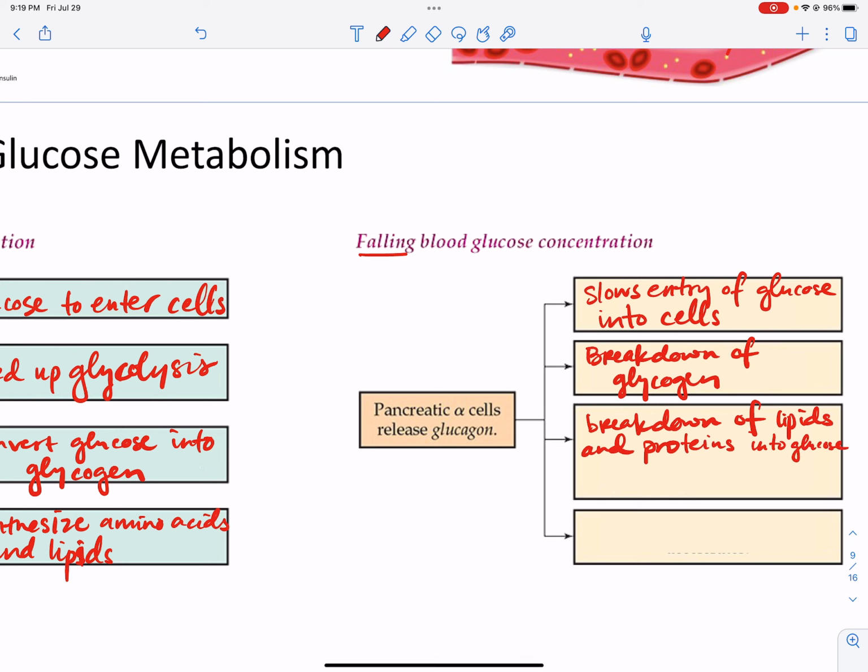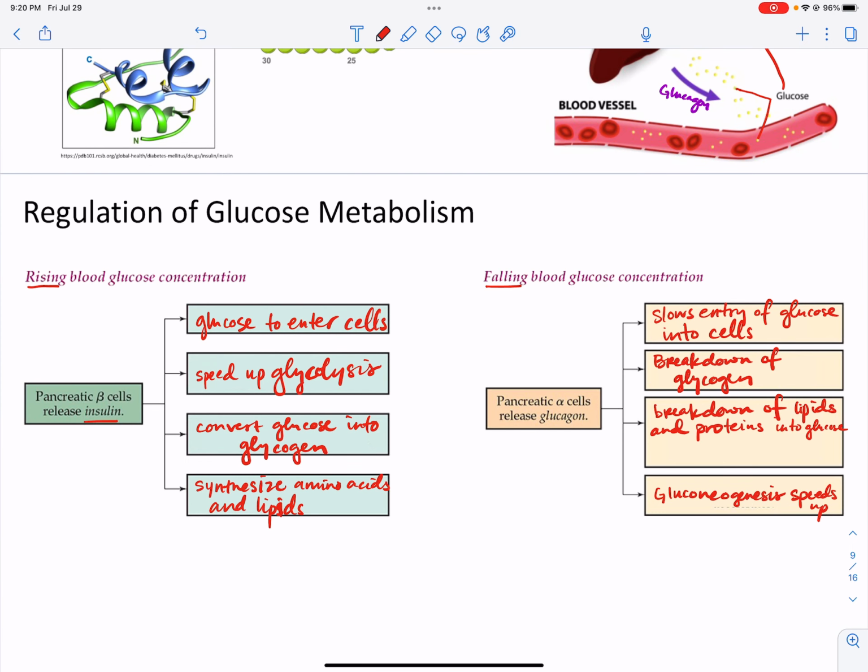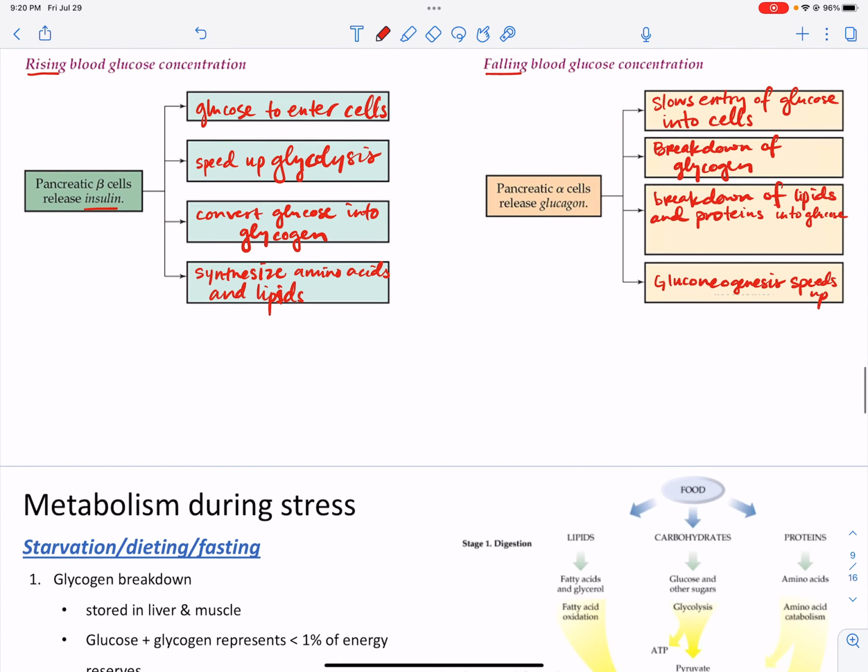This happens via gluconeogenesis, which is honestly the last one. Gluconeogenesis accelerates. Say speeds up. Okay. So know these functions of insulin and glucagon and how these two things regulate your blood glucose concentration.